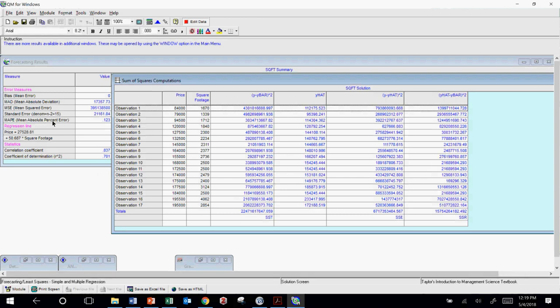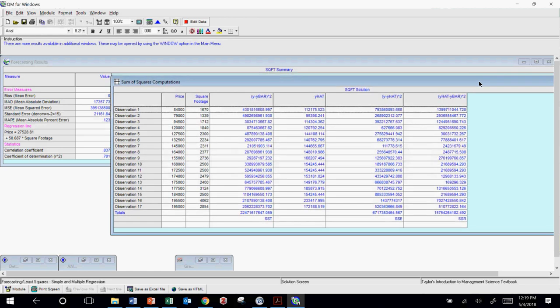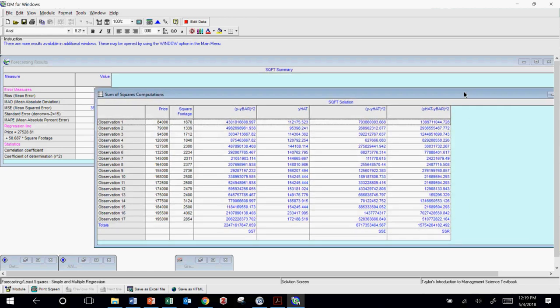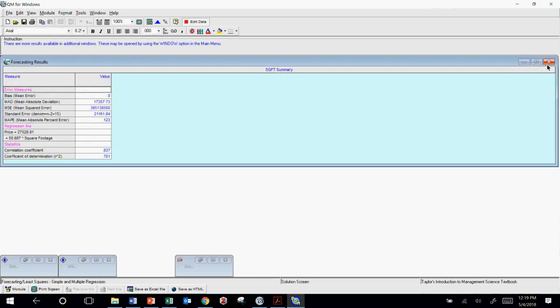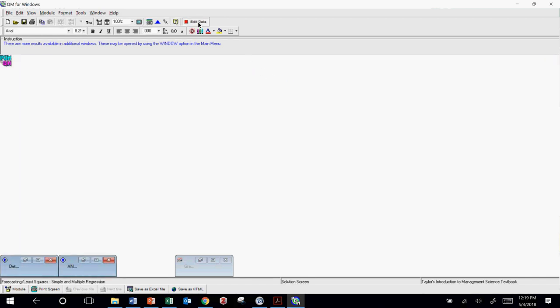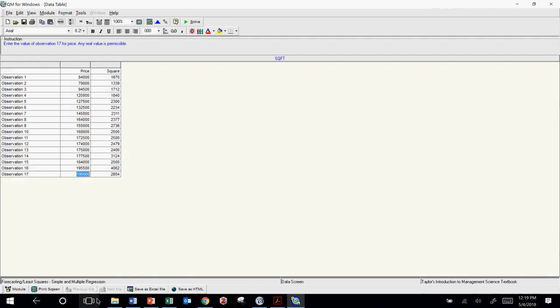So you would need to repeat this for price and square footage, price and bedrooms, and price and age. So I'm going to close these, and to do those initial ones, we already have price in here.